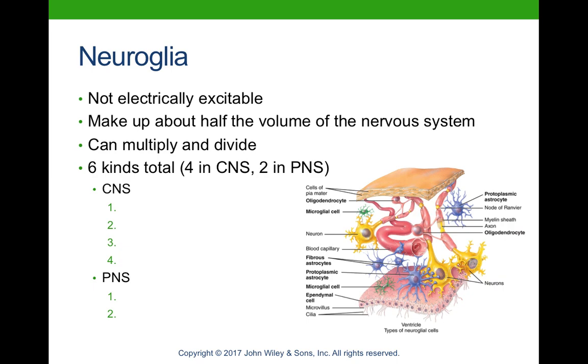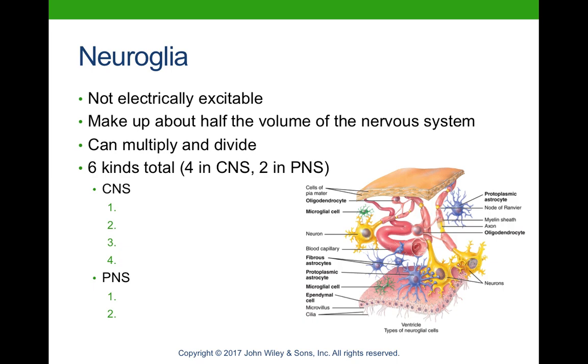Astrocyte functions include microfilaments for strength, being a part of the blood-brain barrier, regulating growth, helping to maintain chemical environments, and learning and memory. Oligodendrocytes create the myelin sheath.